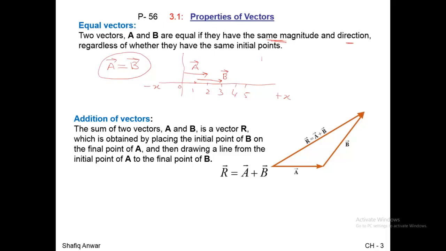Good. Now, how do we add vectors, the addition of two vectors? There is a rule. Keep in mind that adding two vectors is not equal to adding two simple numbers.